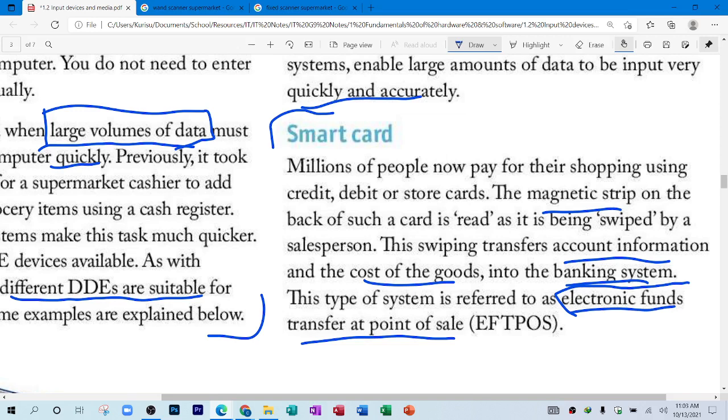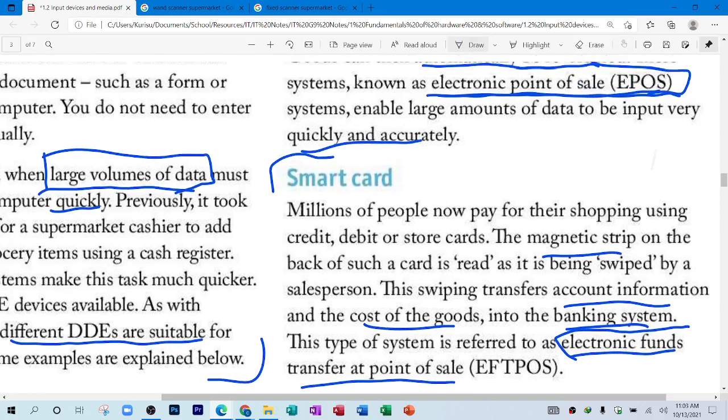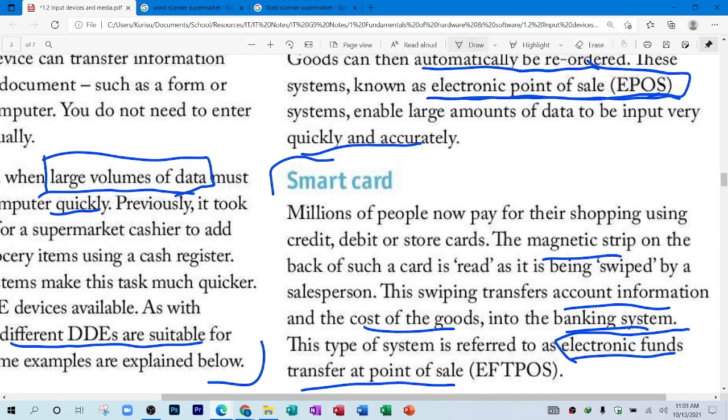So the point of sale system is used for recording, calculating, and managing the items. And the other terms refer to how it is being used electronically, how the money is being transferred electronically also.